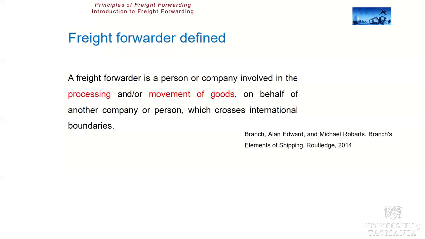Now, that's quite a simplified definition. The other aspect of the definition is that which crosses international boundaries. So we know when we're talking about importing and exporting, that's moving goods outside of a particular country, outside of a nation.